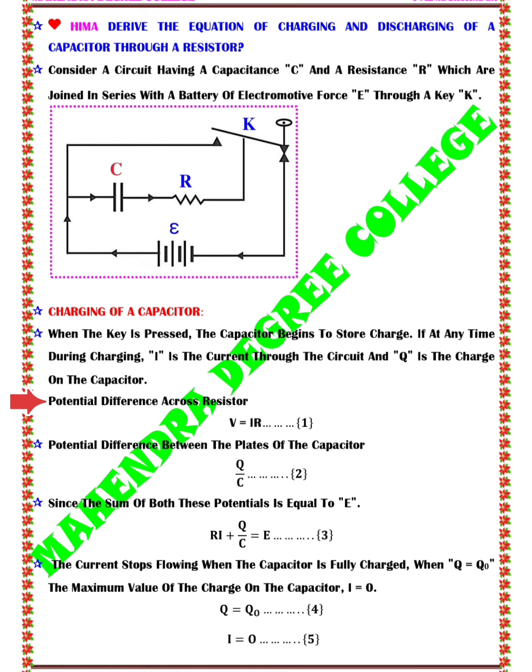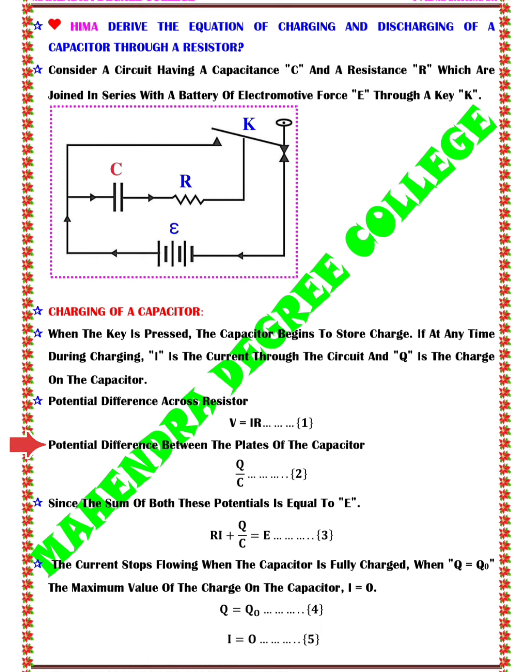Mathematical expression: V equals IR, where V is voltage measured in volts, I is current measured in amperes, and R is resistance measured in ohms.